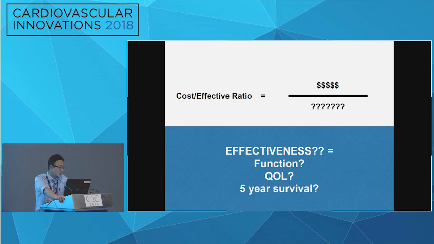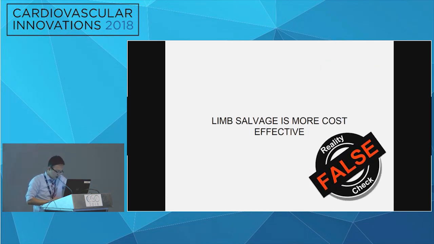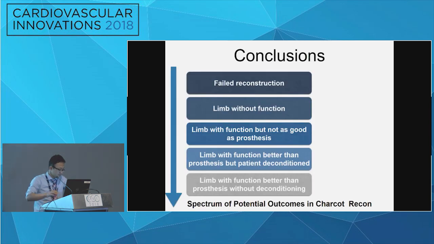In the amputation patients, most of the time they have better function and better quality of life, and 5-year survival was not really affected by the amputation. So if the denominator is the same and effectiveness is better with the amputation, then obviously the cost effectiveness is going to be much better with the amputation. So limb salvage is more cost effective. Again, the statement is false.